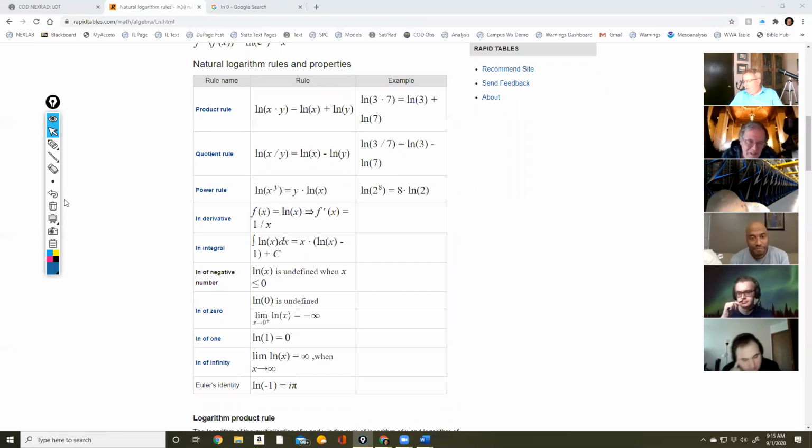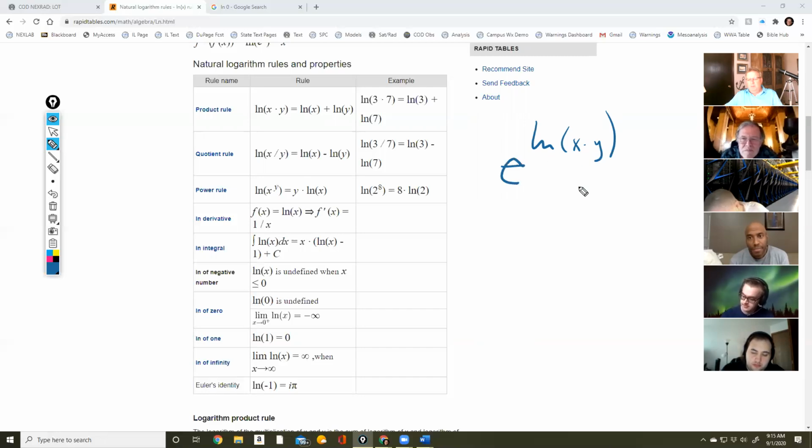Okay, so for this one here, if I took the natural log of x times y, couldn't I just take e to this? And what does that get? On the other side, I'm taking e to the natural log of x plus the natural log of y.